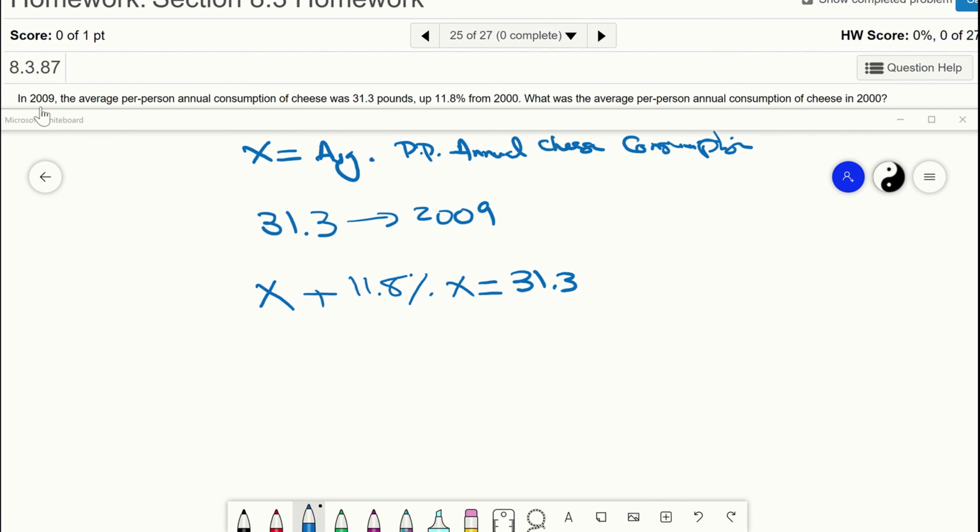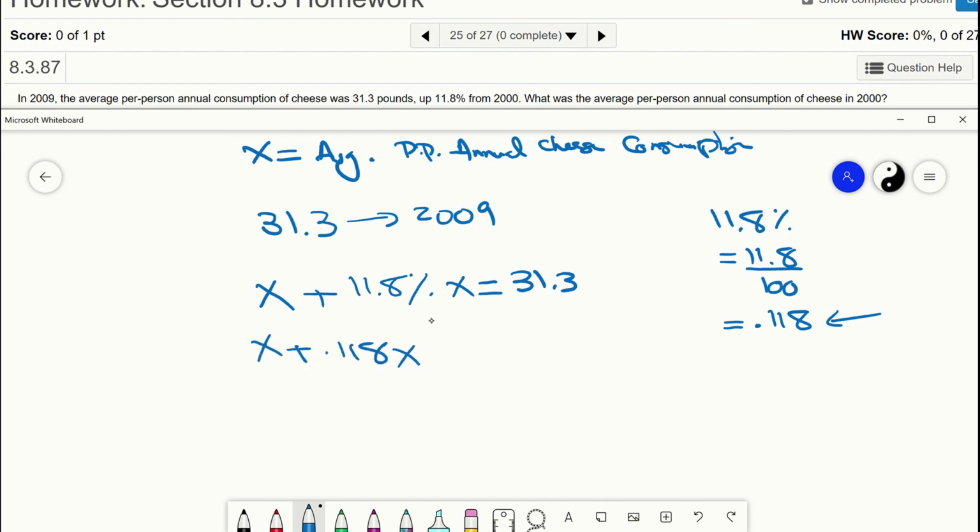Okay? So to solve this, we simply have to take that number right there and make it usable in an equation. So let's do that on the side. 11.8%, that means 11.8 over 100, right? Which means move the decimal 2 to the left, so it's 0.118. So this is the usable form in equations. So we get x plus 0.118x equals 31.3.